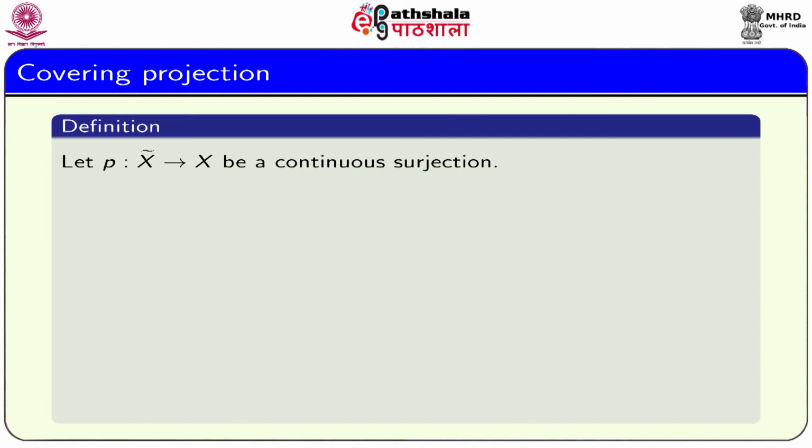Once again, in order to prove this, we need another concept, that is the concept of covering projection. So, we define what we mean by covering projection and state a theorem which is the path lifting property of covering projection. We now start with the definition.